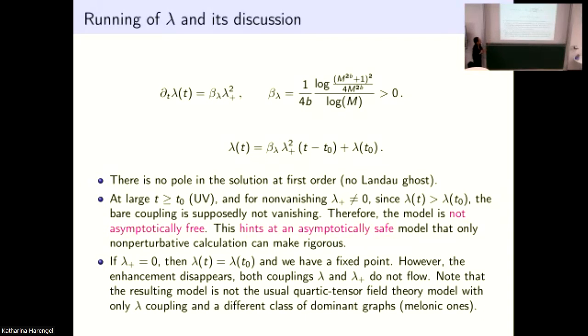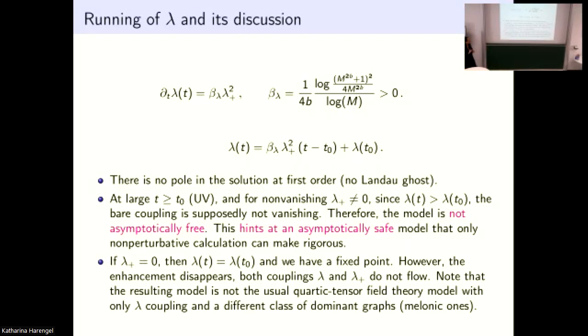The bare coupling, you'd assume, is not vanishing. So the model doesn't seem to be asymptotically free, and possibly it is an asymptotically safe model, but in that case we do need to compute all orders or obtain some non-perturbative results.